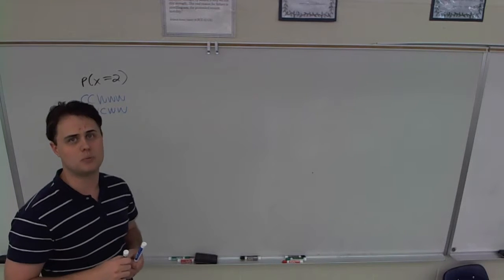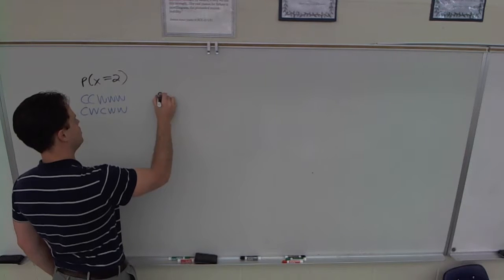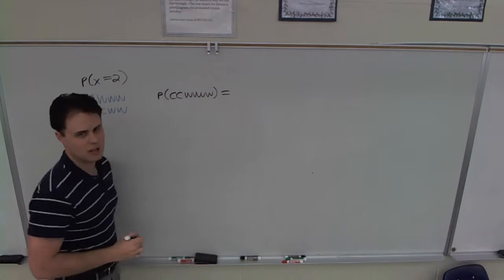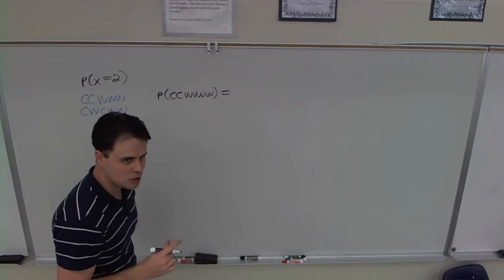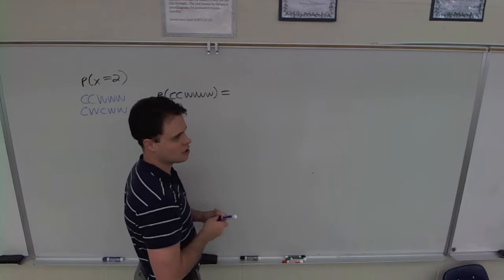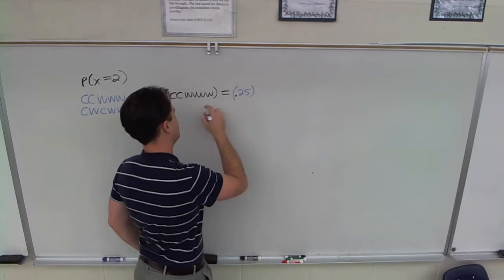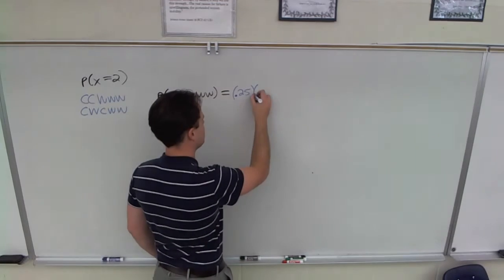So this is what you want to do. Pause the video and I'll get this up for a second. Also find the probability of getting CCWWW. Let me do that with you and then you can do it yourself. What's the probability of getting the first answer correct? We decided a second ago. She's got a quarter, so 0.25. Probability of getting the next question correct? Well, they're independent. It's still a quarter.